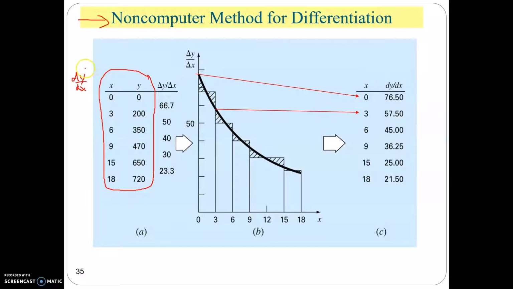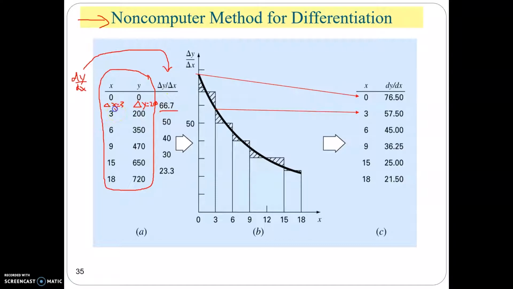In this case, we can approximate the derivative by using delta y over delta x, where we select delta x equal to 3 minus 0, we obtain 3 here. And you can also find delta y between these 2 points by taking 200 minus 0. Therefore, you obtain 200 here. Take 200 divided by 3, you should obtain delta y over delta x equal to 66.7.